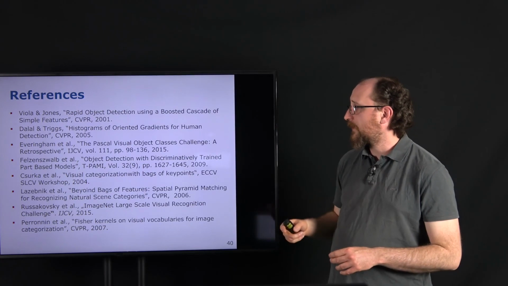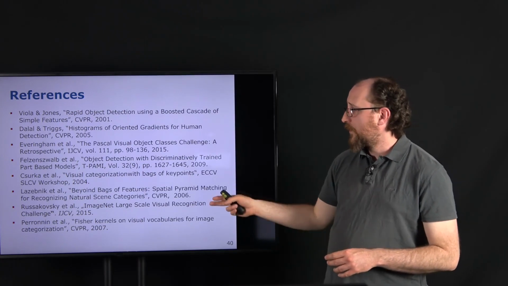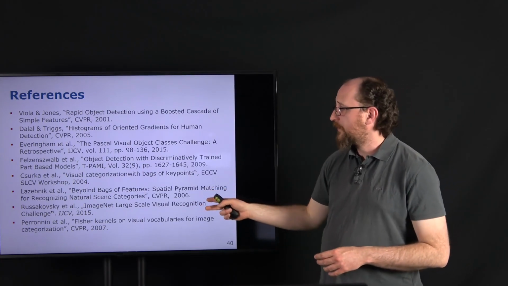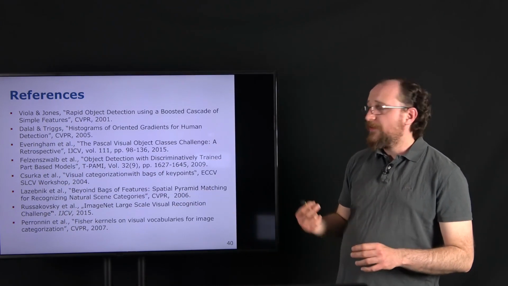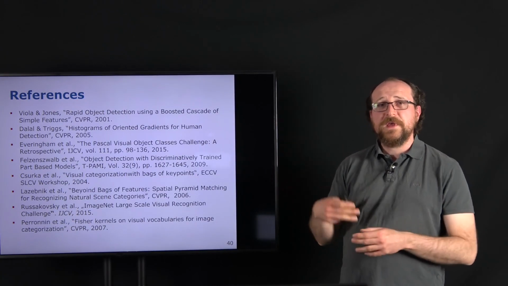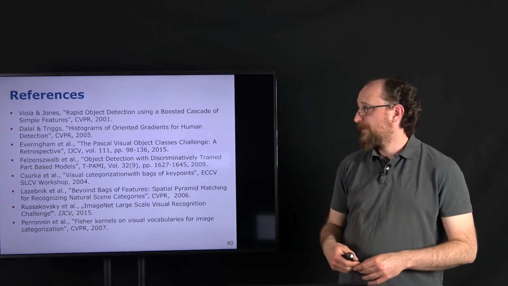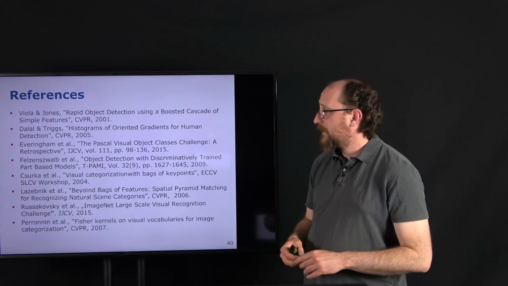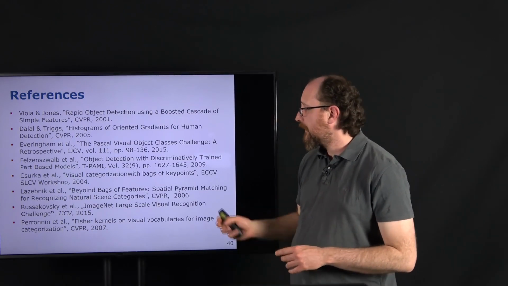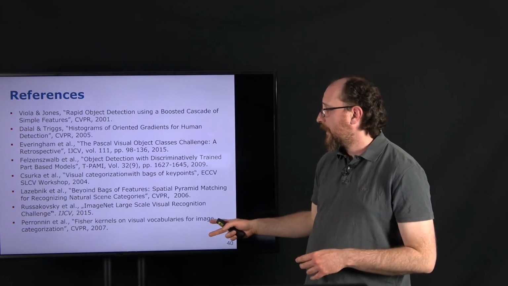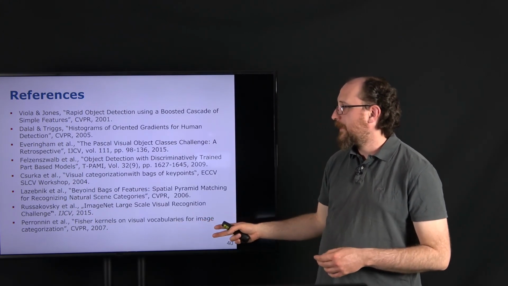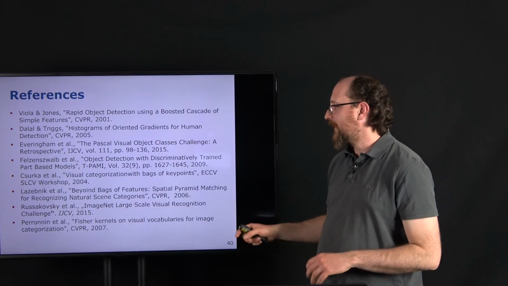Then the deformable part models, bag of words, going beyond bag of words. This was the spatial pyramid idea to introduce the location of the parts into the bag of words again, and then of course the ImageNet representation and the Fisher kernels, which are not covered here in depth because it's a little bit more complicated in the end.